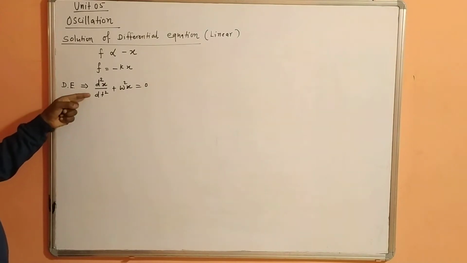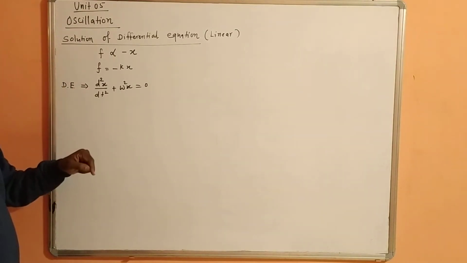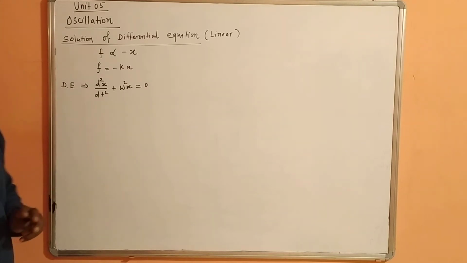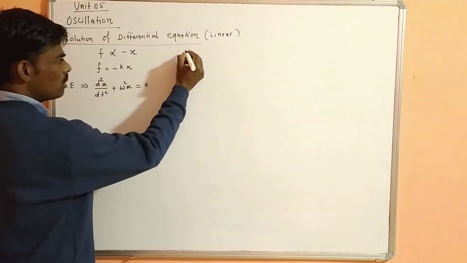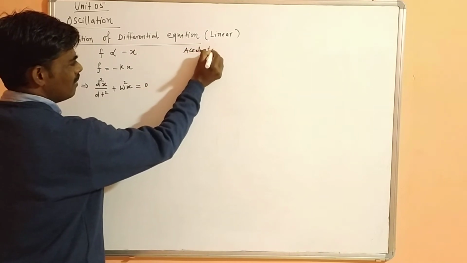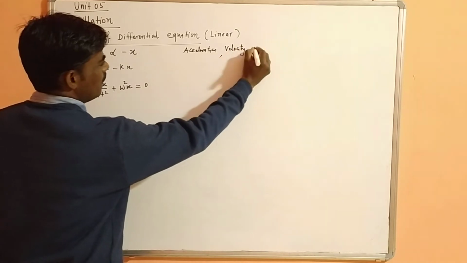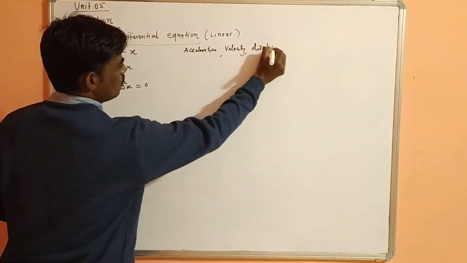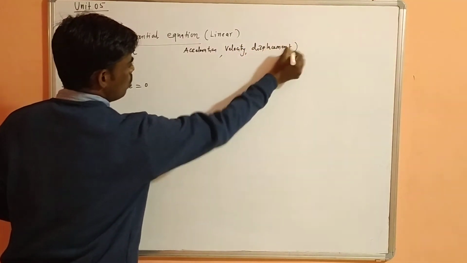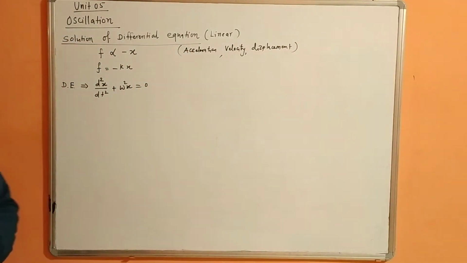So now this equation we will solve, and we can obtain three different values for linear SHM. One is acceleration, then velocity, and then displacement. So our intention is to obtain equation for acceleration, velocity and displacement for linear SHM.